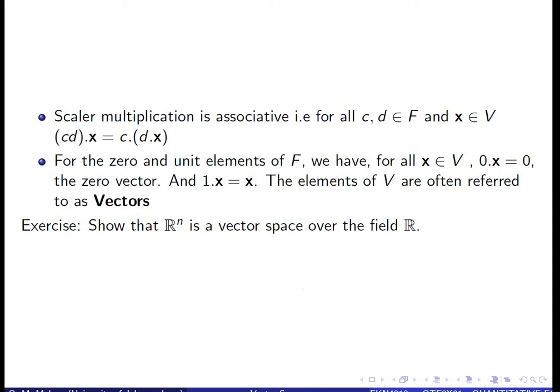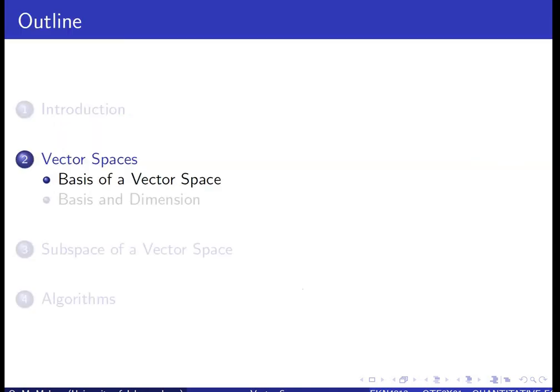For the zero and unit elements of F, we have for all x an element of V, 0x. When we multiply every vector component with the zero scalar, we get the zero vector. And 1x is just the same as x. The elements of V are often referred to as vectors.